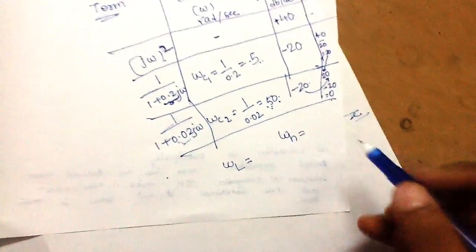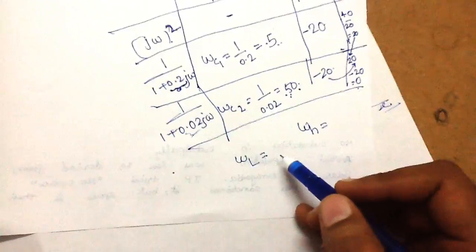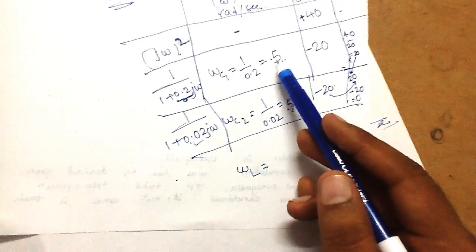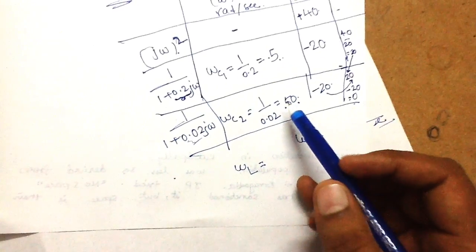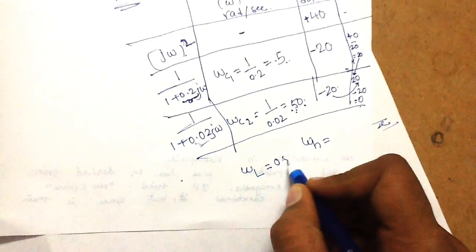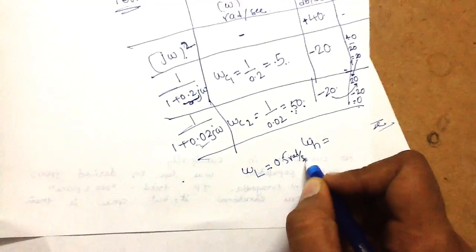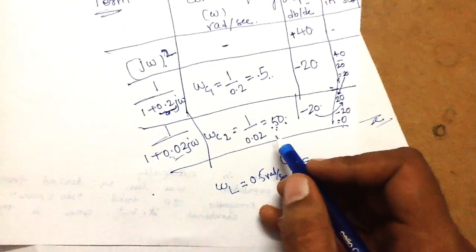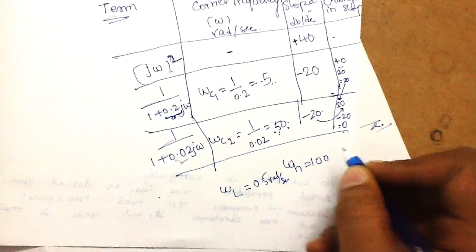So now the only thing that is left is, what do you think is a good value for omega L? So since we have 5, I think I'll go with 0.5 radians per second for my omega L value. And for my omega H, because it's a 50, I'm going to take 100.